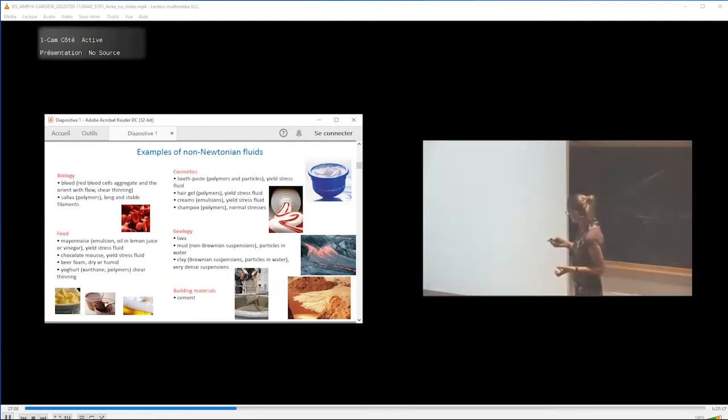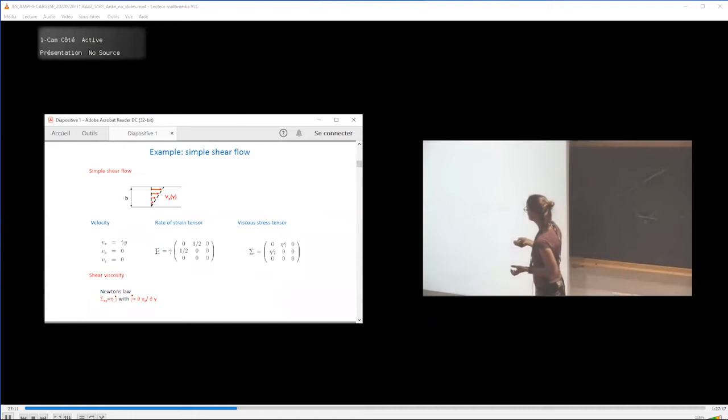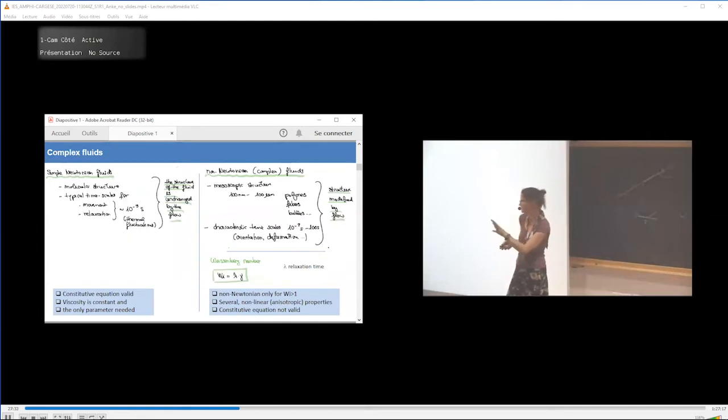So let us go back once to what is a simple fluid. If you think about a simple Newtonian fluid, maybe again water, it has a molecular structure, and I look at the typical time scales that appear in this fluid. What we saw this morning, we had the typical time scale of a colloid of 1 micron. The time it takes to move over the distance of the colloid was around a second.